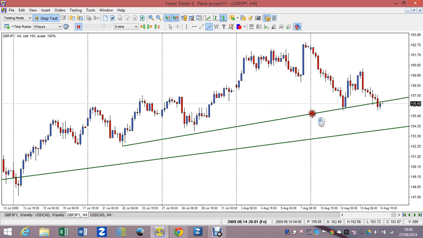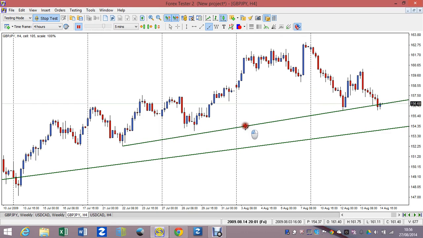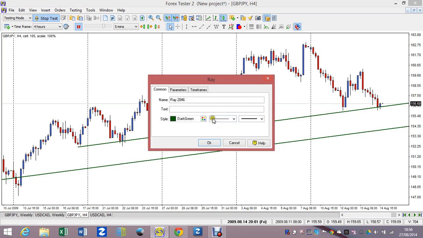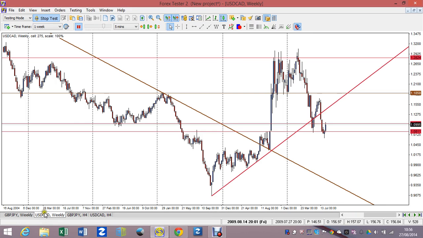Better trend line, I think. Potential short off the blue line. How's that looking?